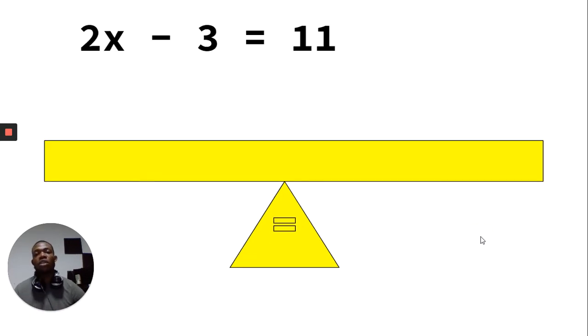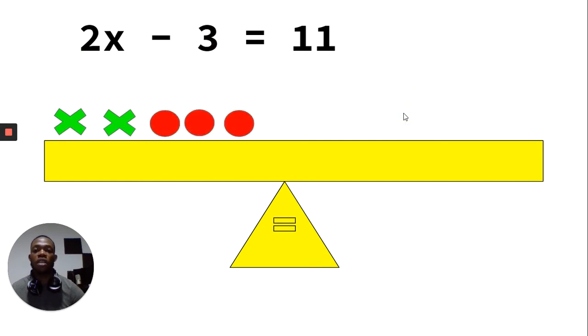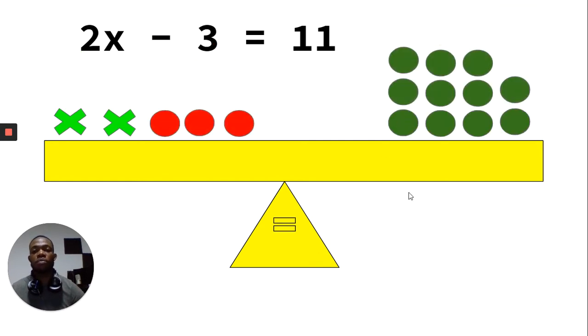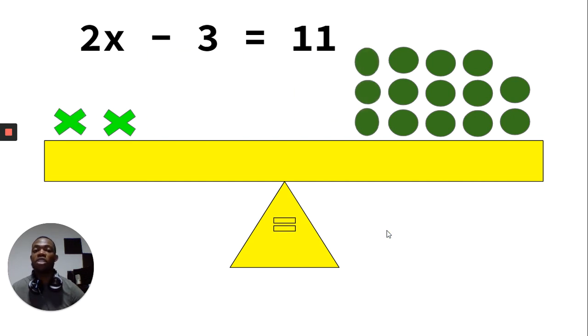Let us explore that same principle when doing this equation. To represent this equation, we have 2x minus 3 equal to 11. Now, if I should move these 3 red circles from the left and put them on the right, then their operation changes.